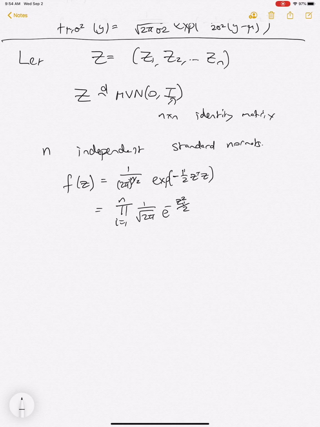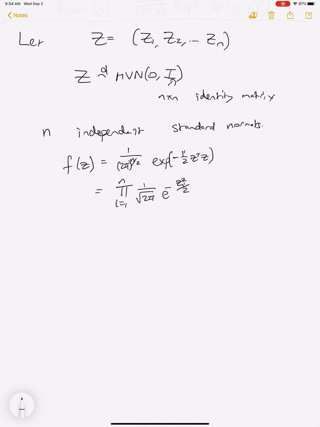So this is just n independent normals, and you can express any multivariate normal you can construct from this, and you can go both ways.